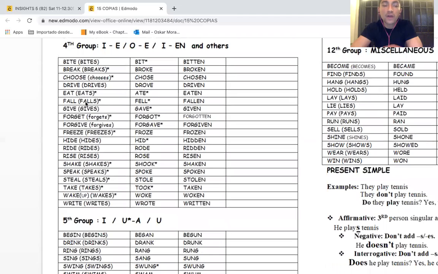We also have another group which have different patterns, right? So we have vowels I, E, O, E, I, E, N, and others.